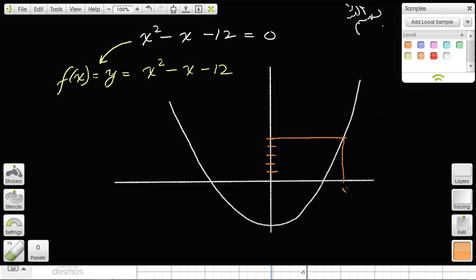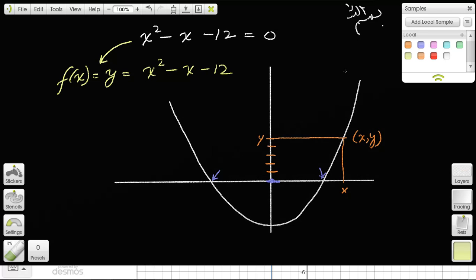For this x, this is the corresponding y value. But we want to know when this y value is 0 right here. When y is 0, that corresponds to this x value right here and this x value right here.